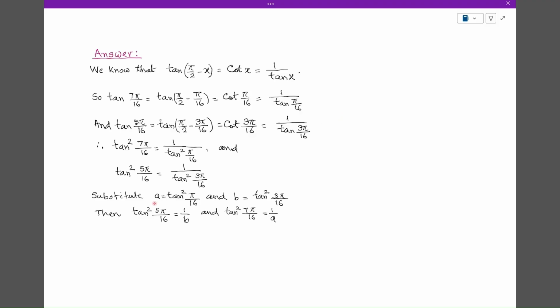Substitute a is equal to tan square pi by 16 and b is equal to tan square 3 pi by 16. Then tan square 5 pi by 16 is equal to 1 by b, and tan square 7 pi by 16 is equal to 1 by a. That's because of this relationship here and this relationship here.